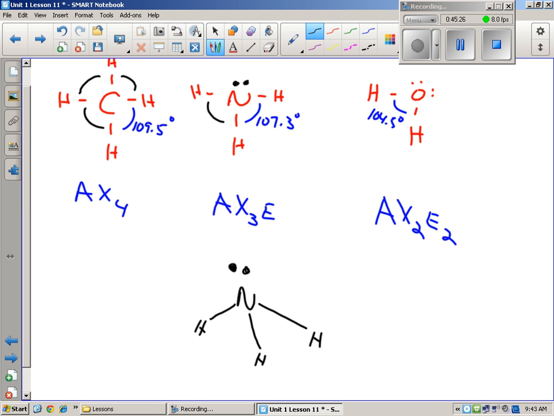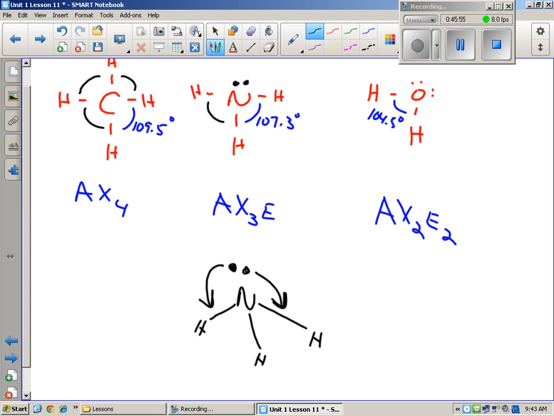So this lone pair here pushes more, repels, pushes away. If the lone pair is here, and it pushes more, what has to happen? These have to go down. As a result, when these go down, what happens to the bond angle? It shrinks. Where else is it going to go?